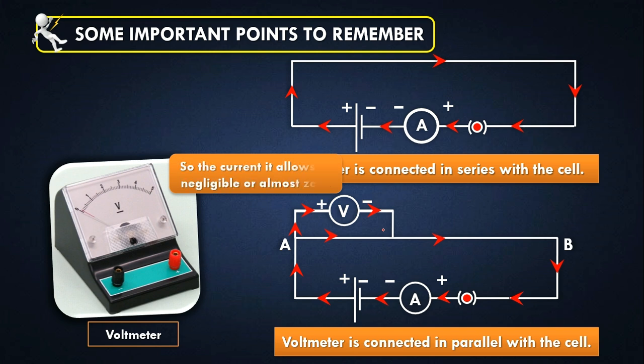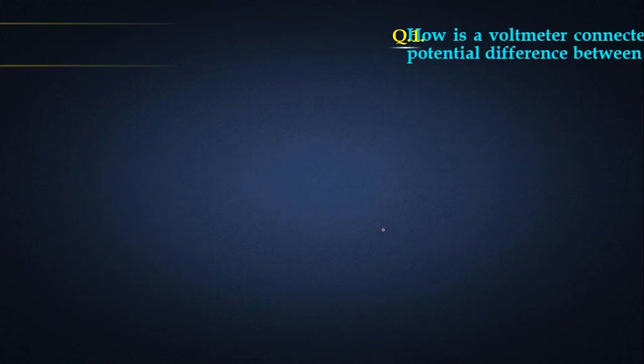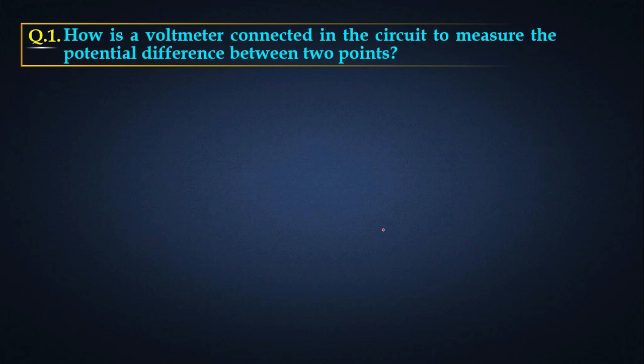So the current it allows is negligible, almost zero. So which device has infinite resistance? Voltmeter. Which device has zero resistance? Ammeter.